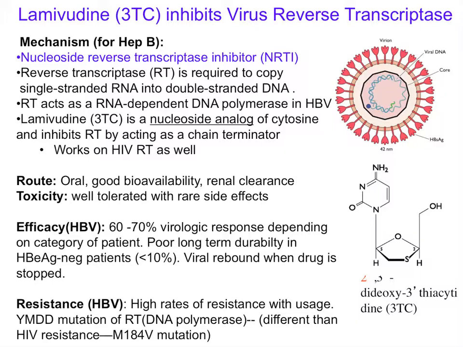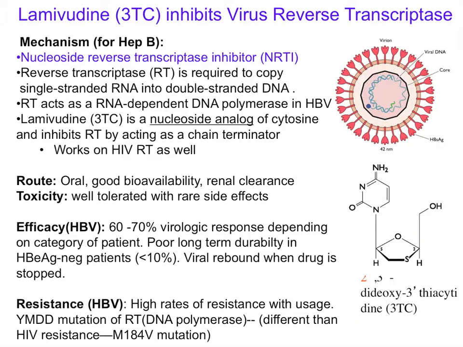It is a nucleoside analog of cytosine, which works by inhibiting reverse transcriptase by acting as a chain terminator. Essentially, lamivudine gets preferentially taken up by the reverse transcriptase, and the reverse transcriptase, in its role as an RNA-dependent DNA polymerase functioning in trying to go from RNA back to DNA, the lamivudine essentially blocks the DNA elongation by functioning as a chain terminator.